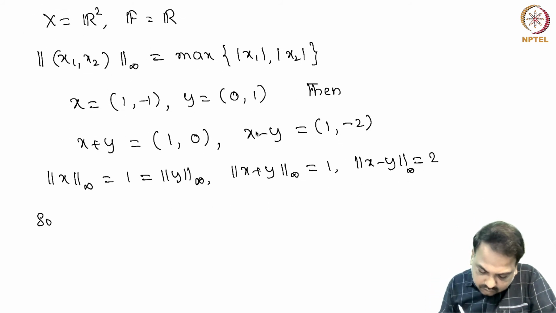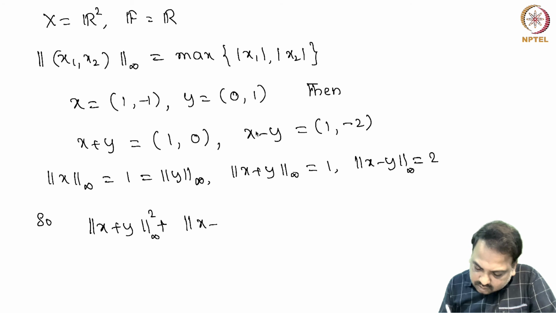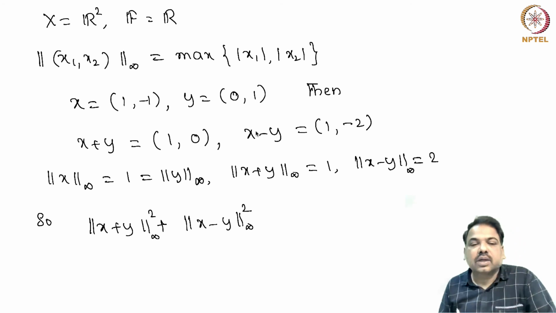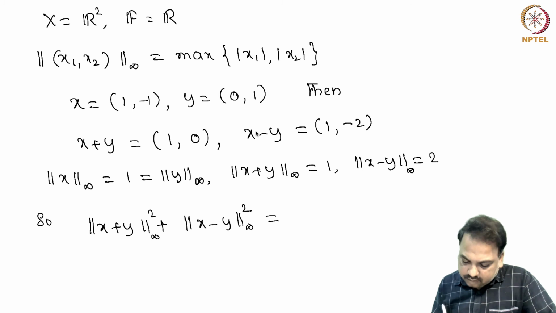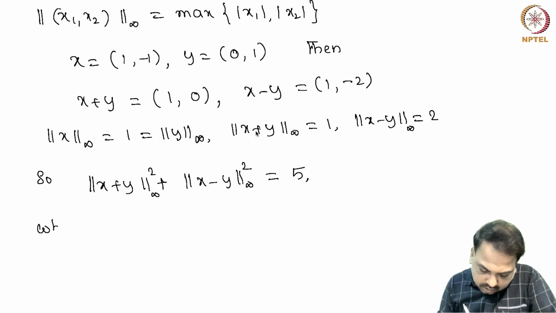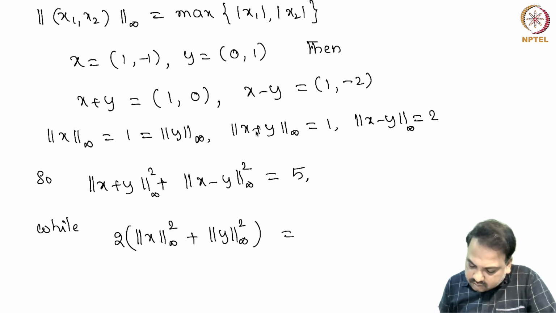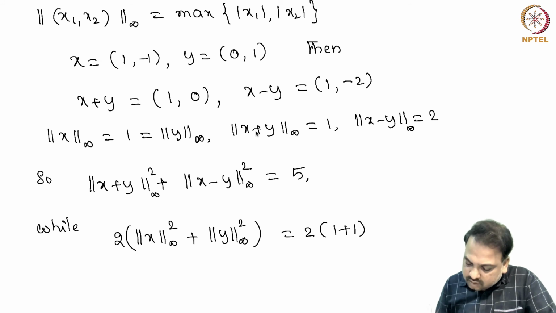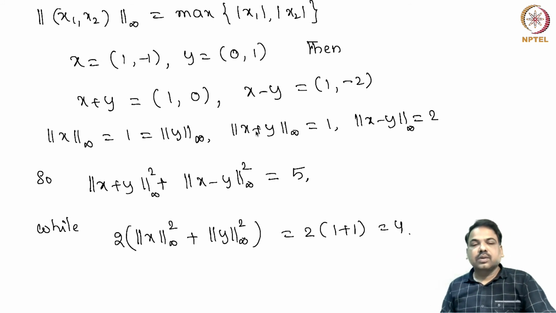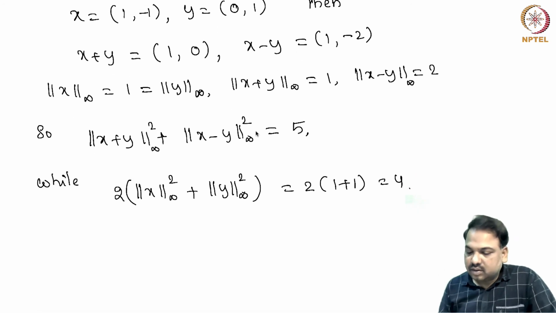So norm x plus y square plus norm x minus y square is 1 plus 4, which is 5, while 2 times norm x square plus norm y square is 2 times 1 plus 1, that is 4. So this norm does not satisfy the parallelogram law.